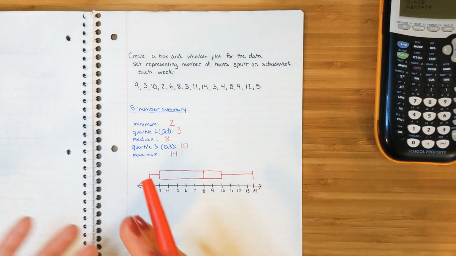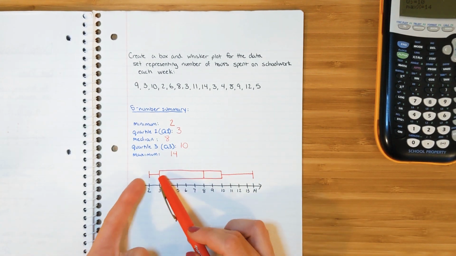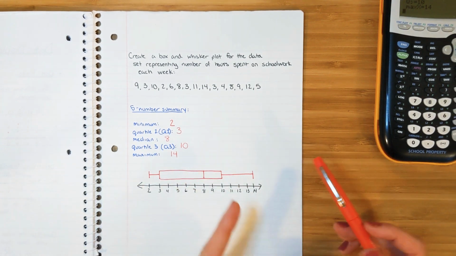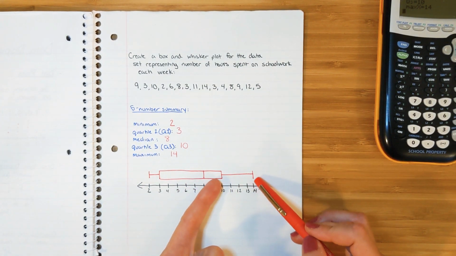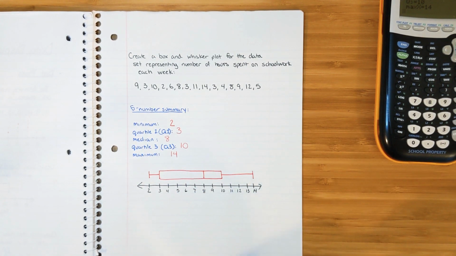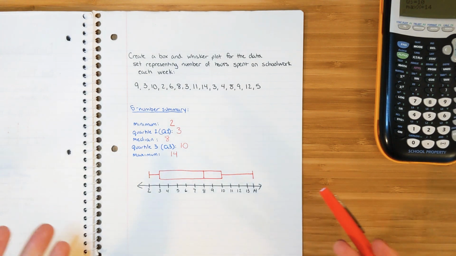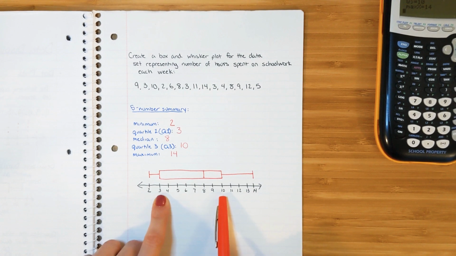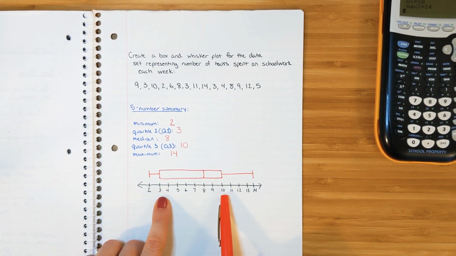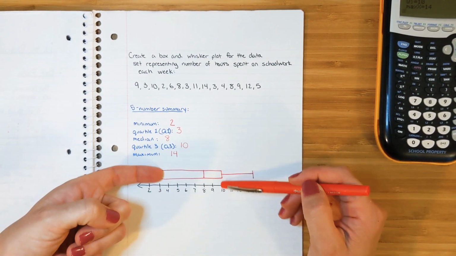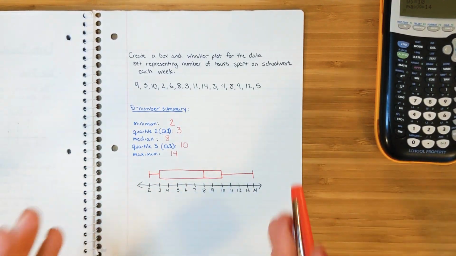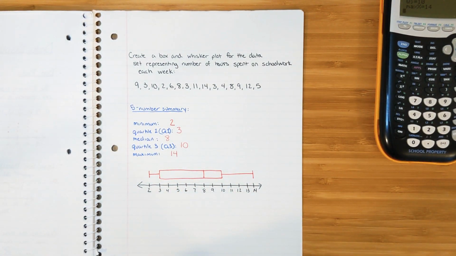I can say that the lowest 25% spend between 2 and 3 hours, and the highest 25% spend anywhere between 10 and 14 hours. Okay, I can also tell that I have an interquartile range of 7, 10 minus 3. So my middle 50% of students have a variability of 7 hours between the amount that they spend on homework.